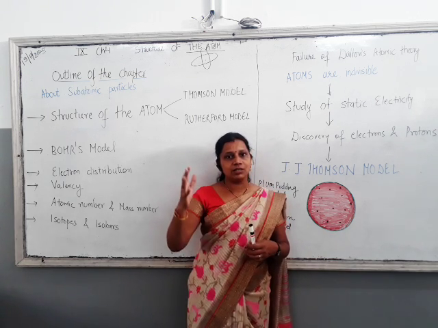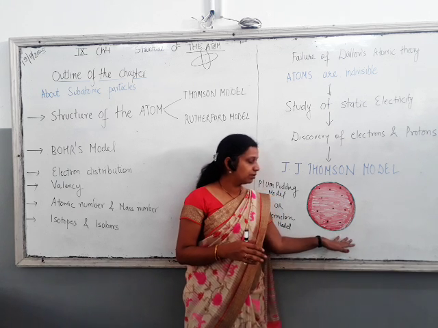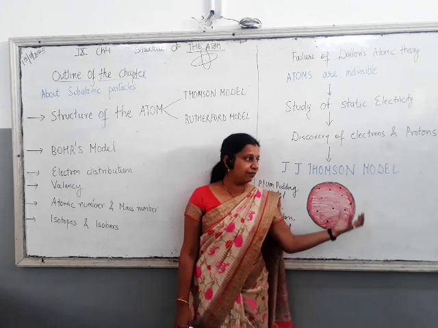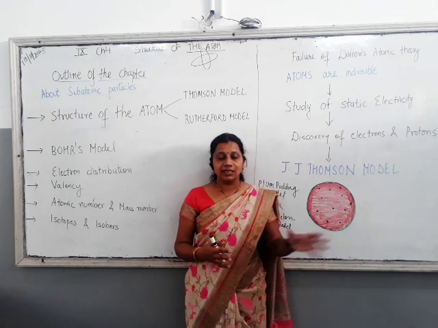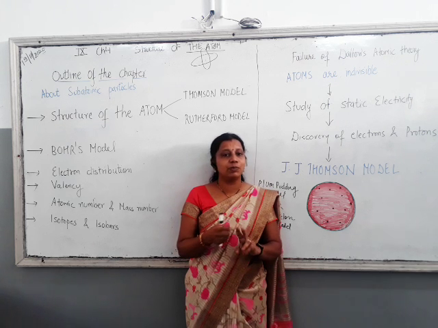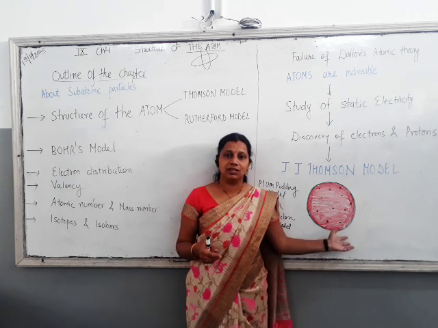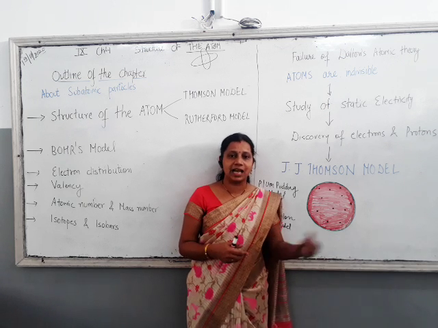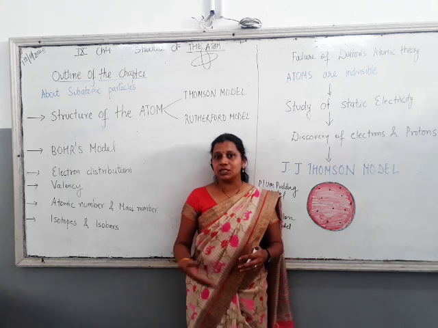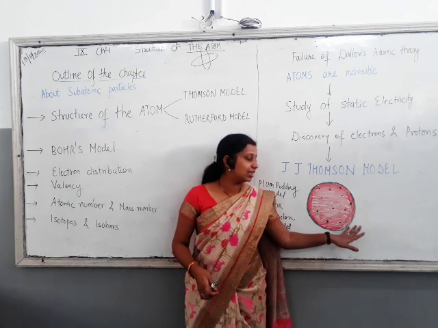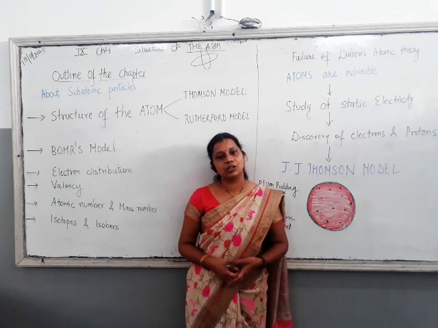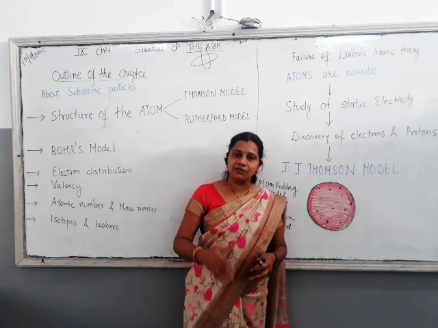So he thought this model had some problem, because if someone is proposing a model and it is right, then it should be able to explain all types of experiments related to electrons and protons. But whatever experiment Rutherford did, he was not able to explain its findings with this model. So Rutherford proposed another model of the structure of the atom. Now the Rutherford model, that we will study next.